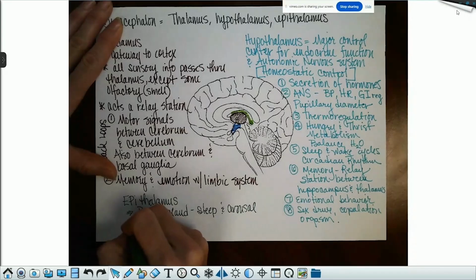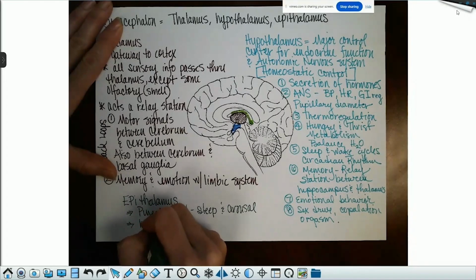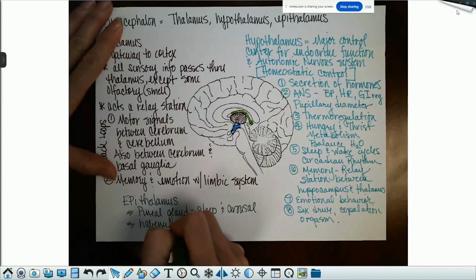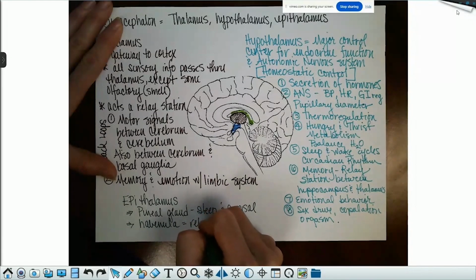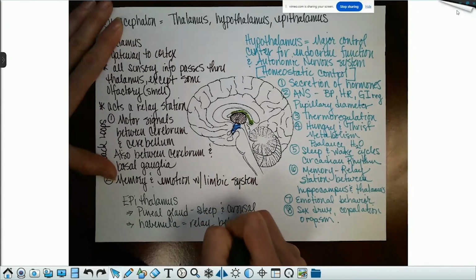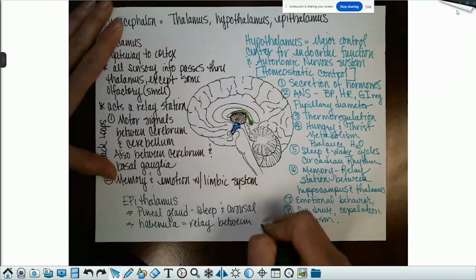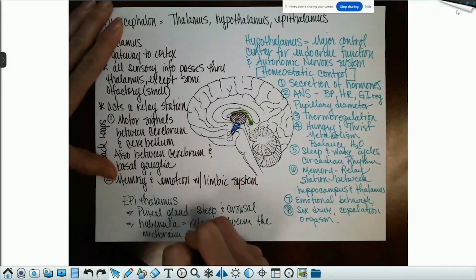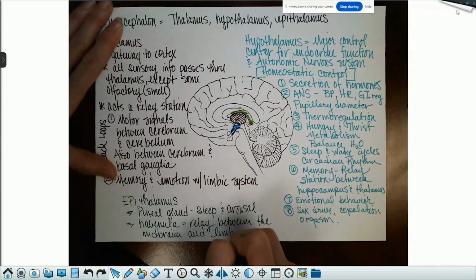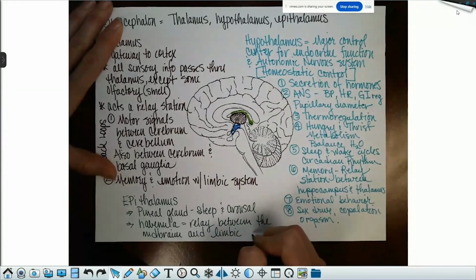And it also has another part called the habenula, which is a relay between the midbrain of the brainstem and the limbic system. So this is involved in emotion. It's a relay between those.